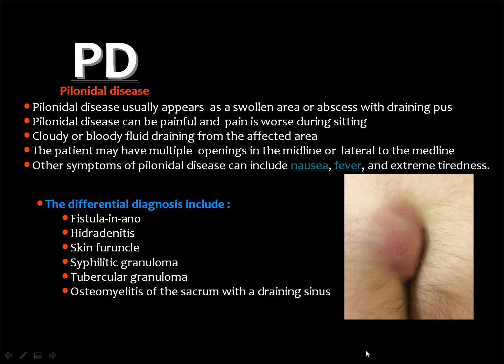Pilonidal disease usually presents as an abscess in the perianal area, and you can see the inflammation, and this abscess may drain pus to the outside.